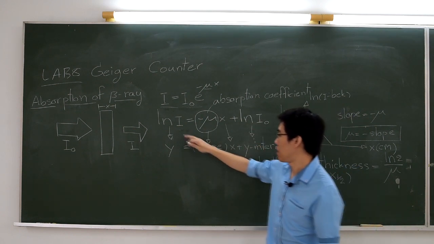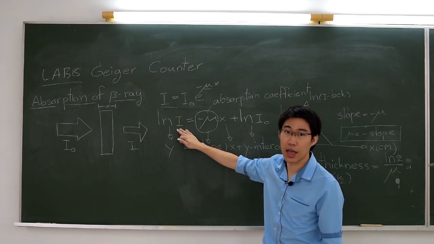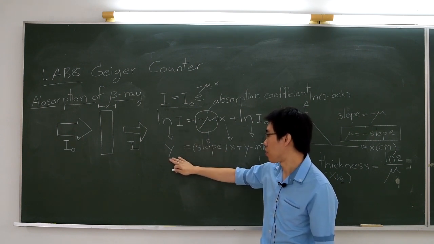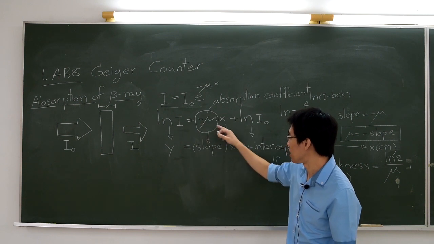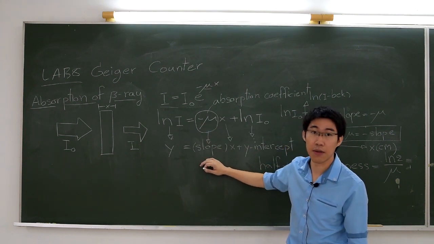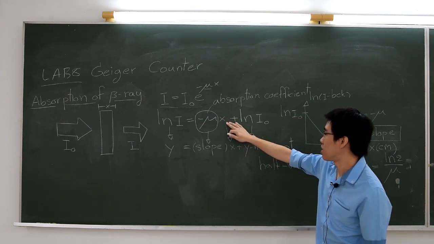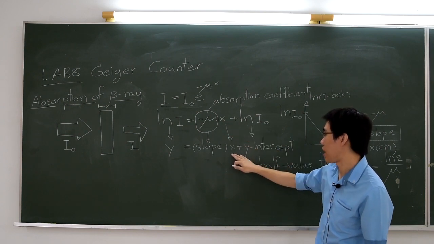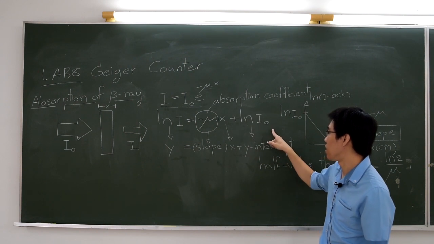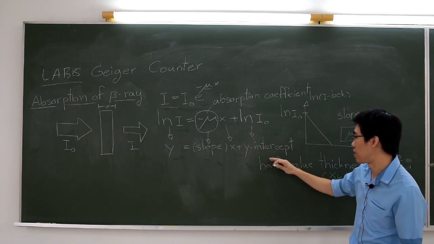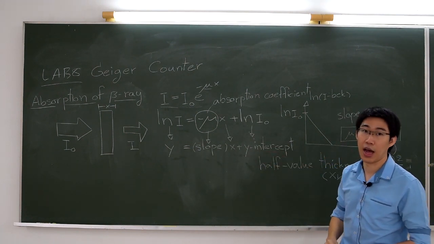And if we compare this relation to the linear relation, the log I corresponds to the y variable, and the minus mu corresponds to the slope of the graph, and the thickness corresponds to the x variable, and the last term corresponds to the y-intercept of the graph.